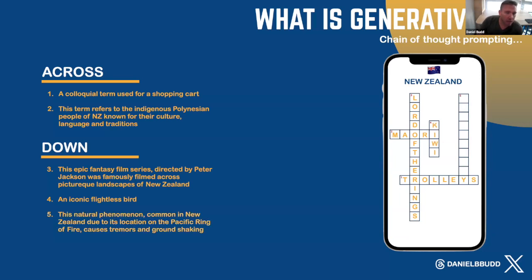So for my 5 down, of course, we're looking for earthquakes here. But of course, that's not going to fit because New Zealanders, like the kiwi bird, are strange characters. And they call shopping trolleys trundlers. So whilst we may have this train of thought prompting where we think that we're going to reach our goal, often there is context that we don't understand.